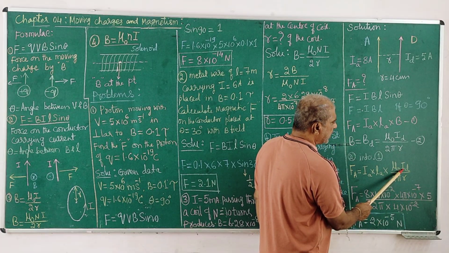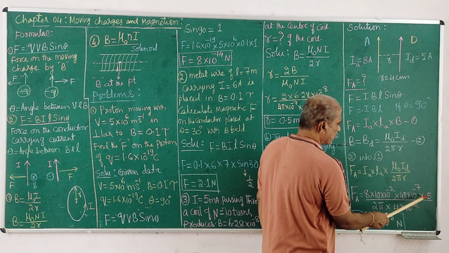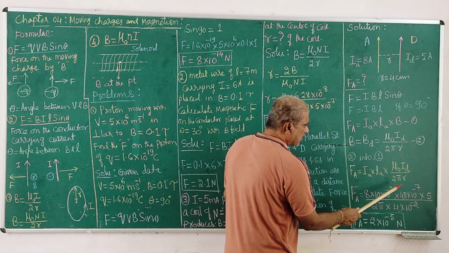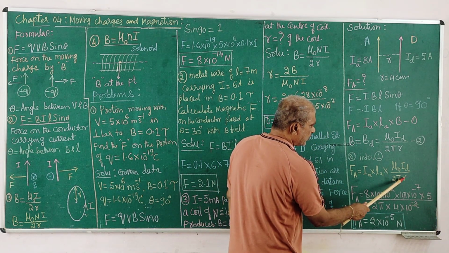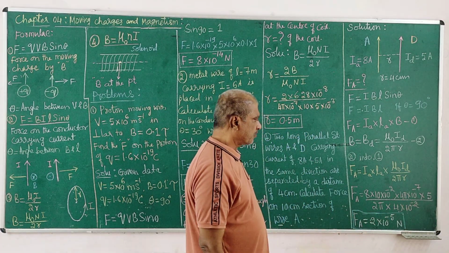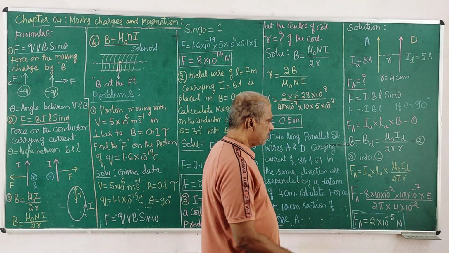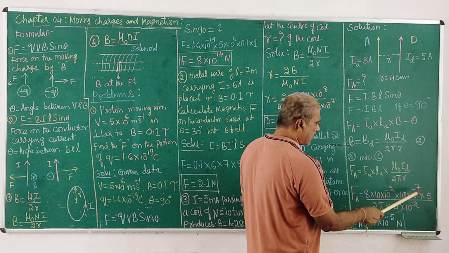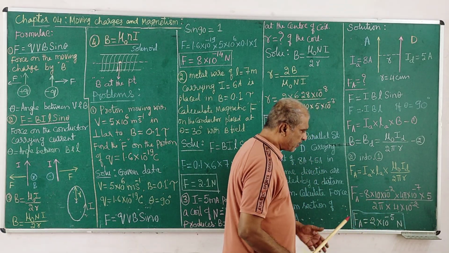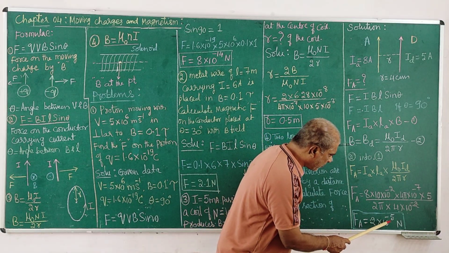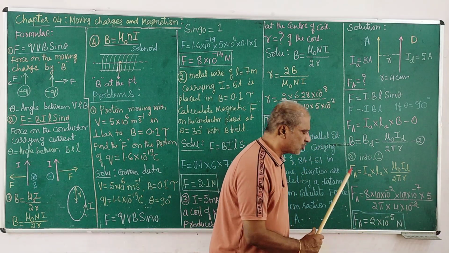ID is the current in conductor D, 5 amperes, over 2 pi R, and R is 4 centimeter, 4 into 10 to the power of minus 2 meter in SI unit. Here pi cancels and 4 and 2 cancel. Upon simplification we get the final value, 2 into 10 to the power of minus 5 Newton force.